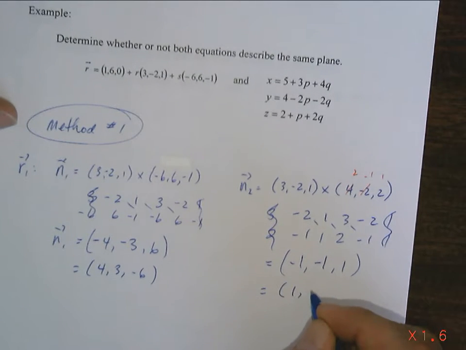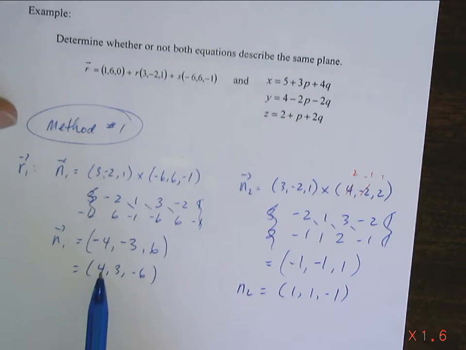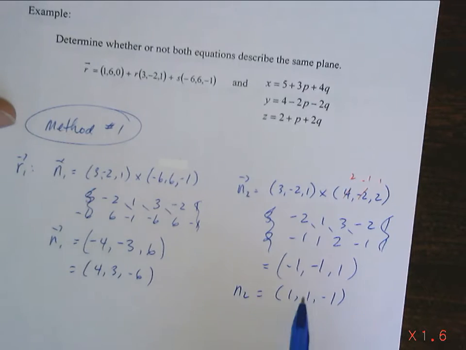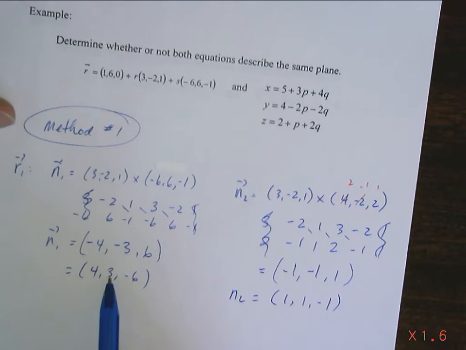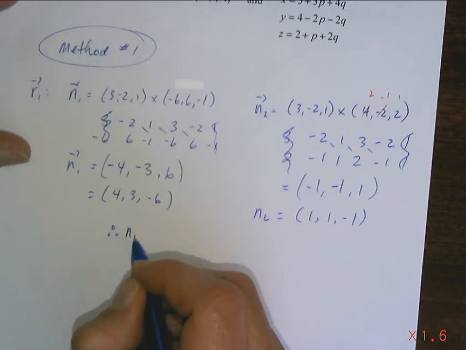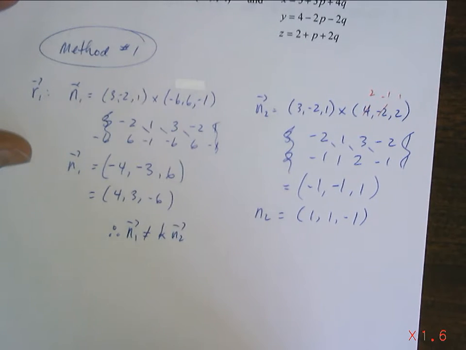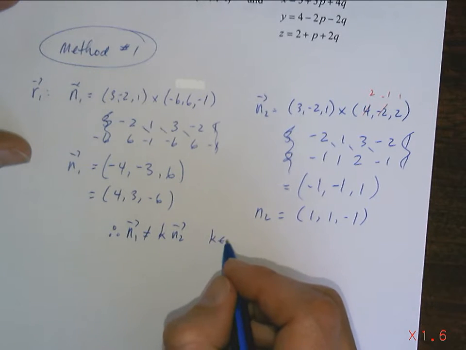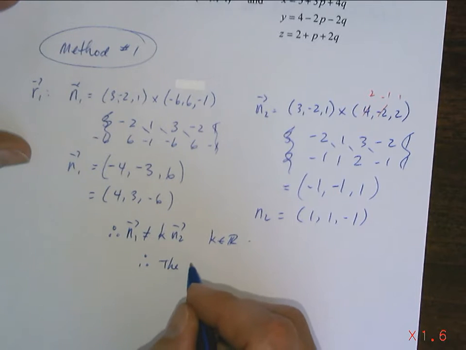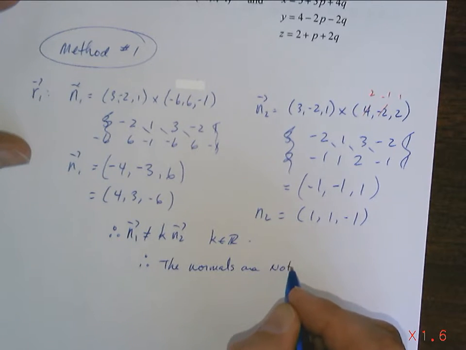So I don't like all those negatives. So what would I have to multiply 1 by to get 4? I have to multiply it by 4. So if I multiply this by 4, do I get 3? Nuh-uh. So therefore, n1 is not a scalar multiple of n2, where k is an element of the real numbers. Therefore, the normals are not collinear.